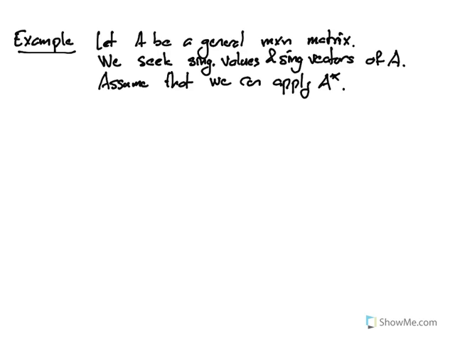So generally, we do need to be able to apply A star to get information about the row space. So it's basically a necessary assumption in order to find the right singular vectors. So let's assume that we can do that and think about how we can make the techniques that we've already developed bear on this problem.